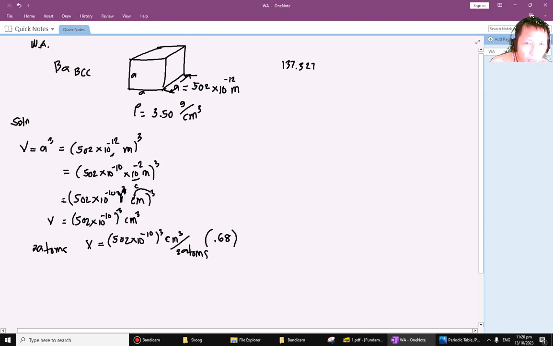The unit would be grams for every 1 mole. Okay. For every 1 mole, this is 137 grams.